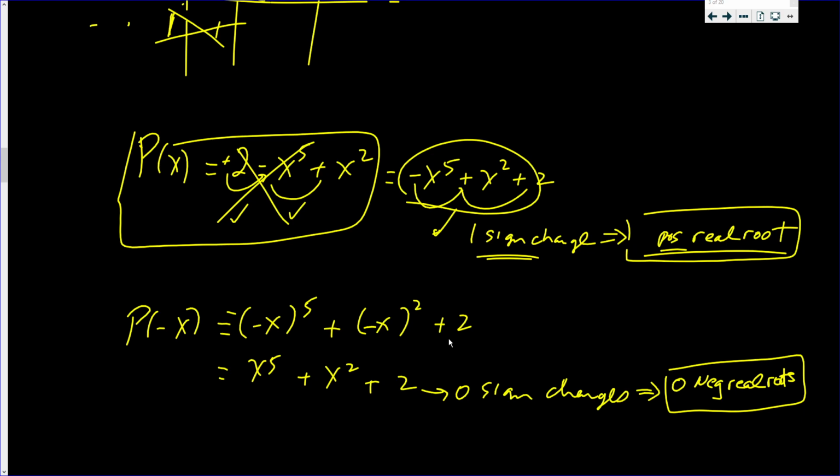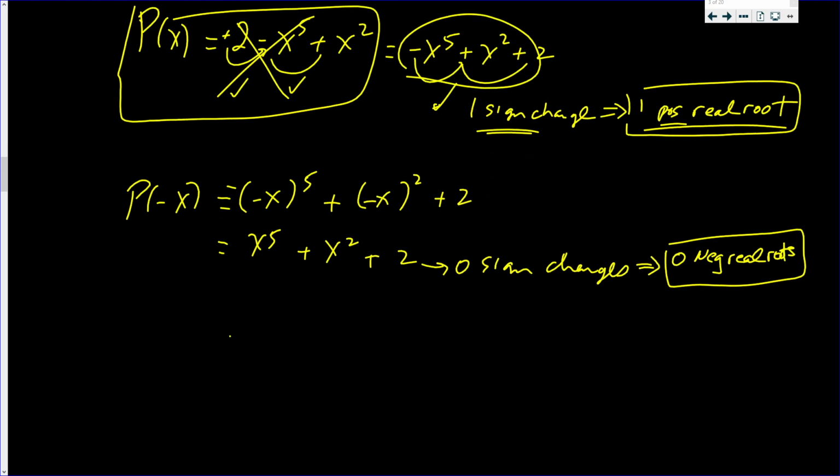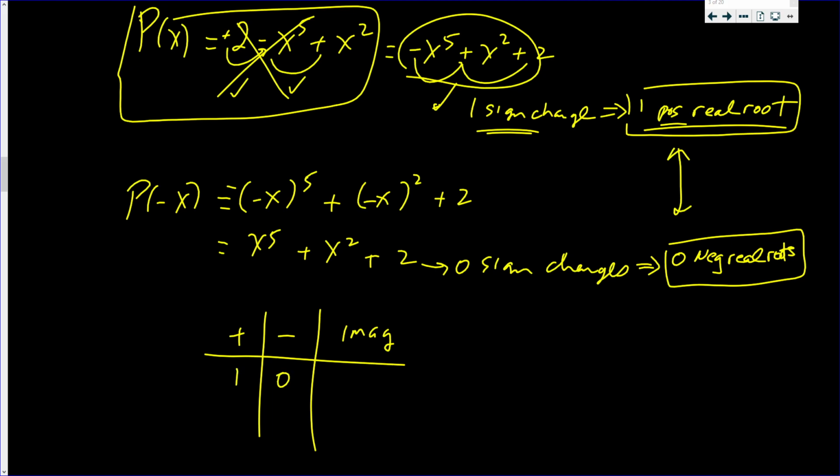Okay, so that makes life easy when it comes to the table. Positive real roots, negative real roots, and imaginary roots. Well, we have 1 positive and no negative and 4 imaginaries.